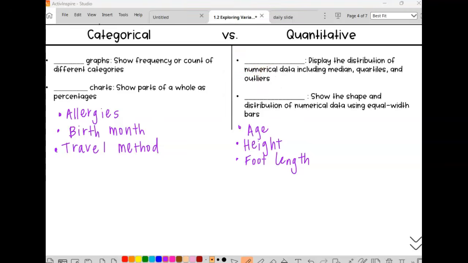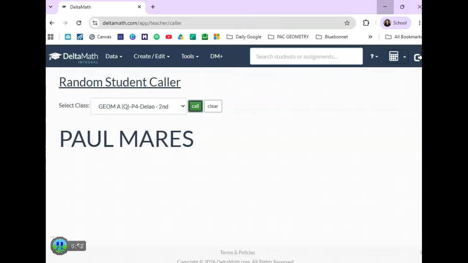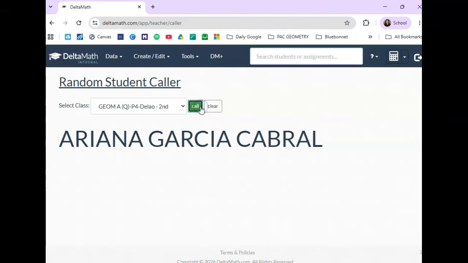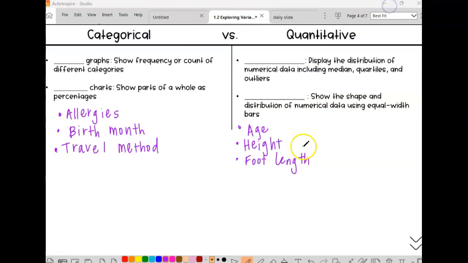Those categories. Okay, and then right after that is how long does it actually take you to get to school? Diana, what is that? Yes. So travel time would be quantitative. Travel time. Okay.